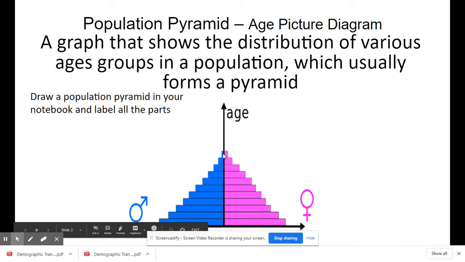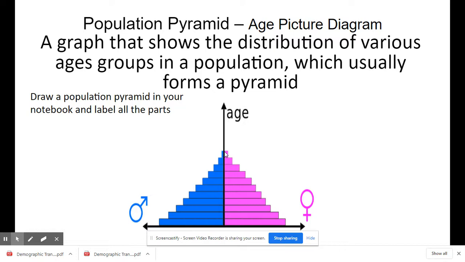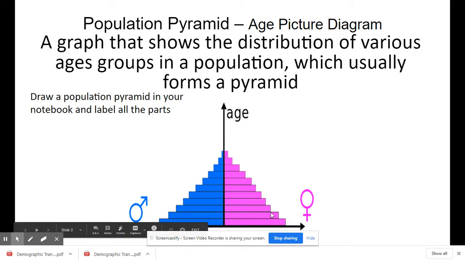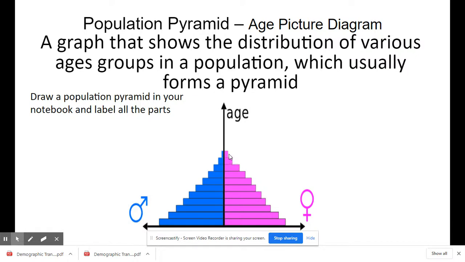And then you can see as you go up this population pyramid, less and less people as you get older because older people die. And so this is showing the gradual lessening of the population through time.